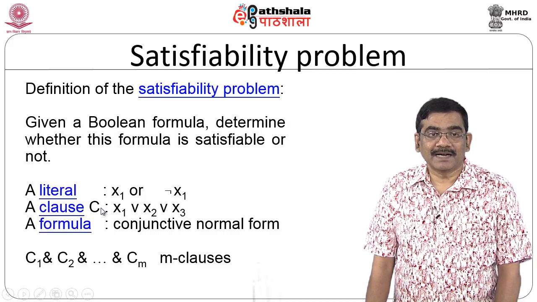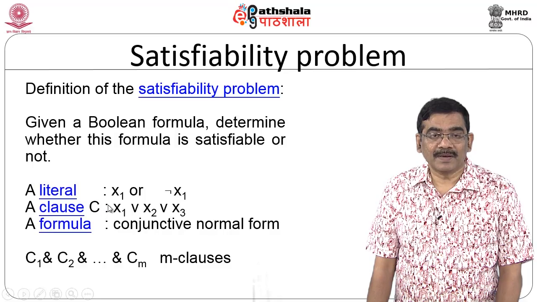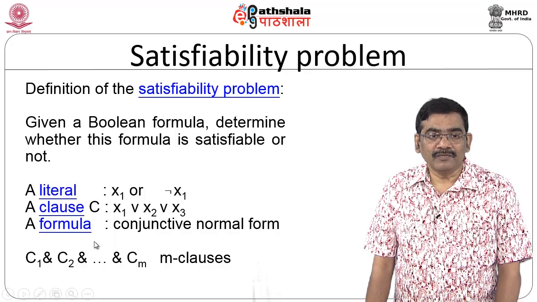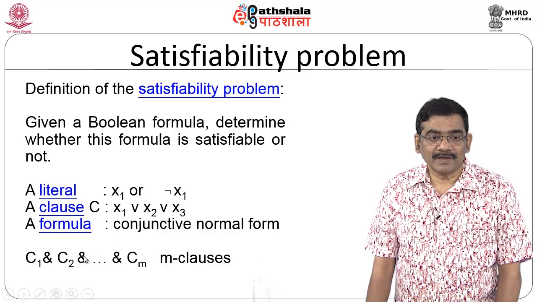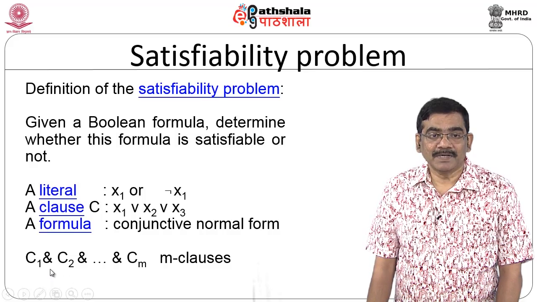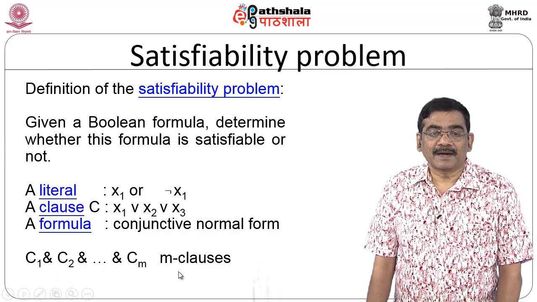In other words, a clause is a set of literals that are connected by OR, and a formula has the form of a set of clauses that are connected by AND. So, that means you have m clauses.